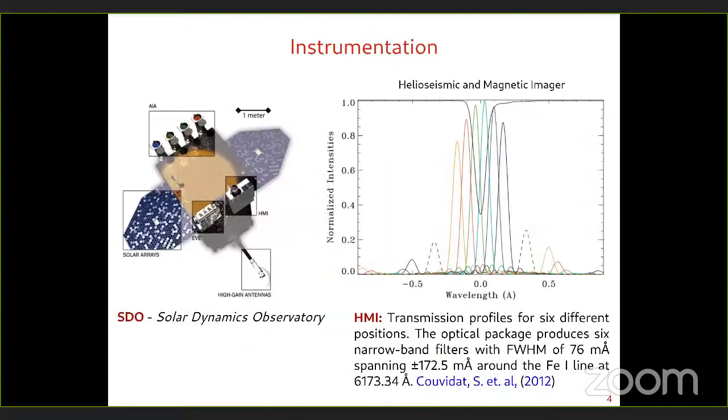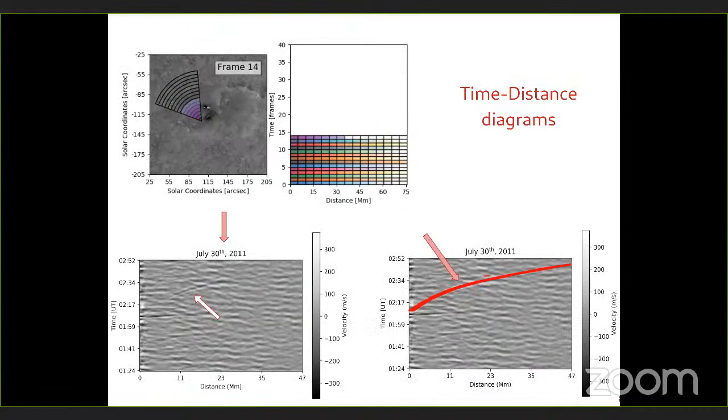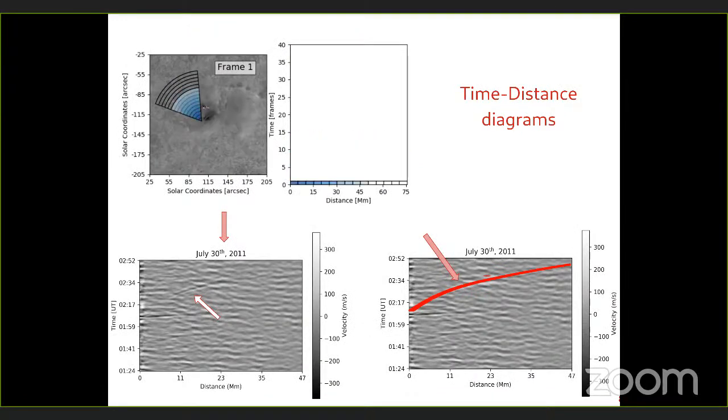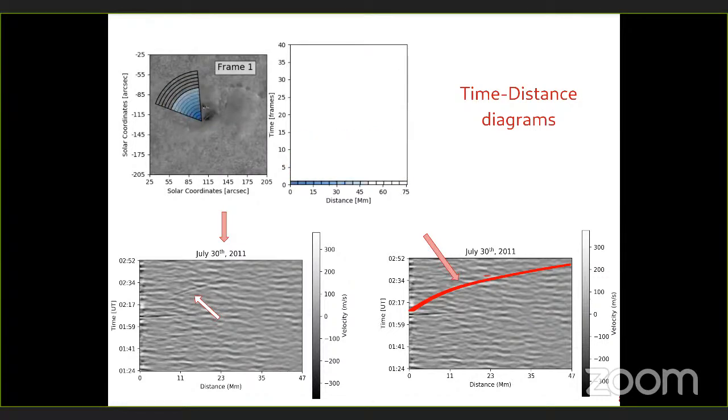For example, in here, this theoretical path is given by what is called the ray path approximation, and it's related to these waves traveling deep in the sun and being refracted back. So by measuring those disturbances on the surface, we account that they are this type of wave.